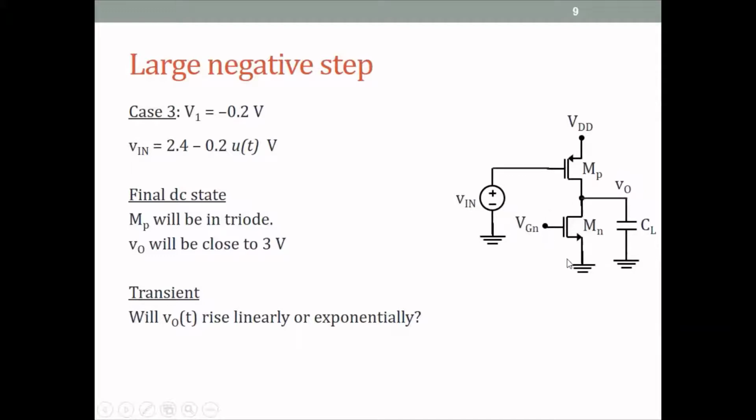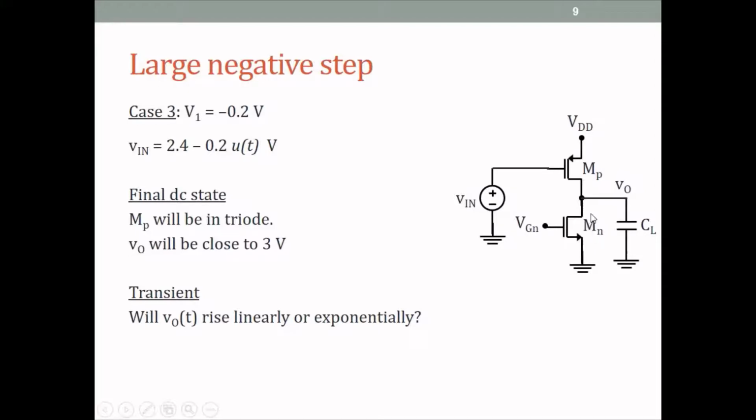Mn has a gate source voltage of 0.6 volts. So the saturation drain current of MP is larger. Therefore, in the final DC state, MP has to go into triode. If MP is in triode, the output voltage will be close to 3 volts. It will not be 3, but it will be close to 3. Because MP is in triode, Mn will stay in saturation.